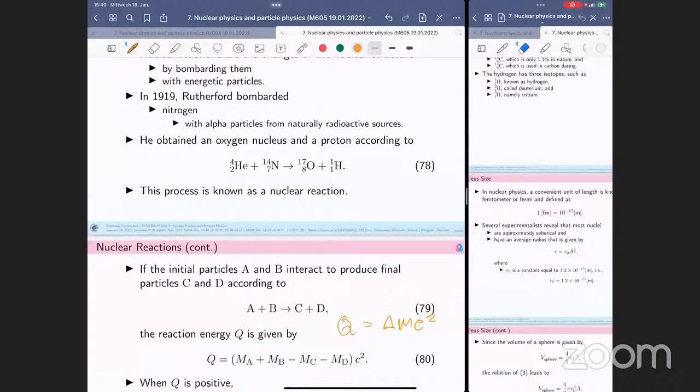E equals MC squared, or E equals delta M C squared, is the way to convert mass to energy. And mass is the most packed version of energy. It's not electric energy. Mass is the best way to pack energy, because you can get much more energy from any little value of mass.